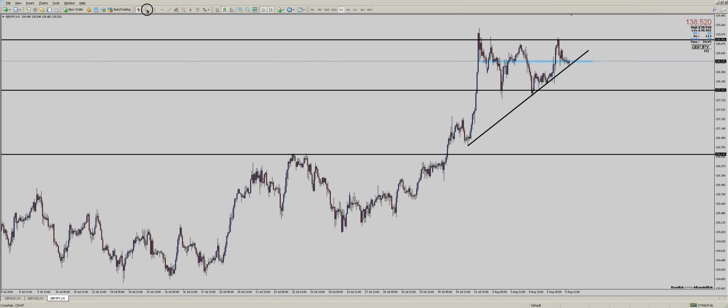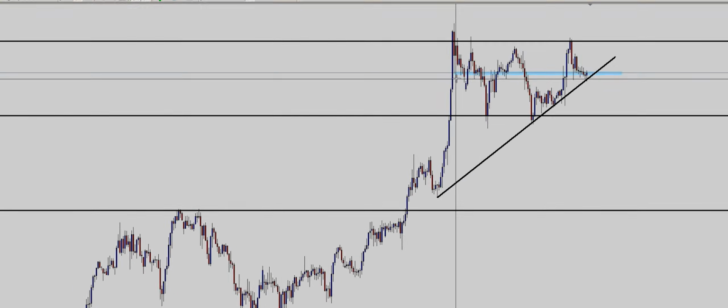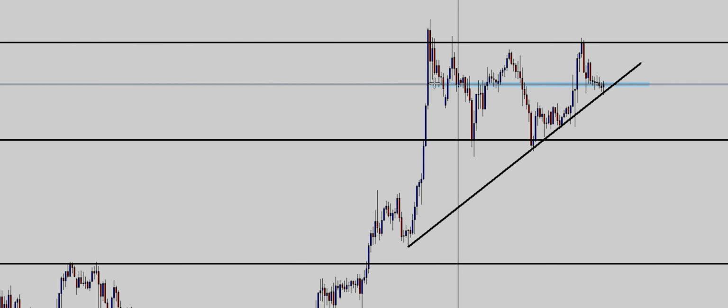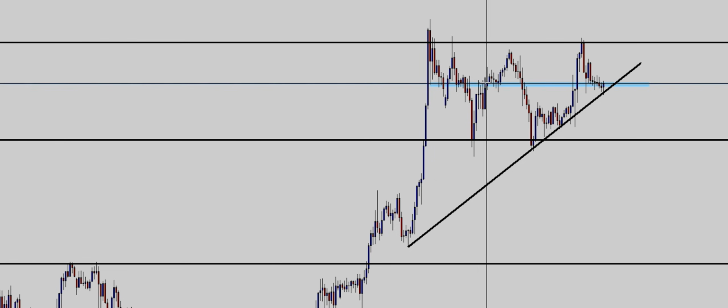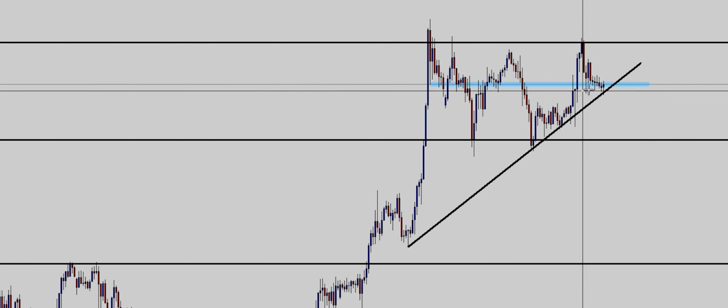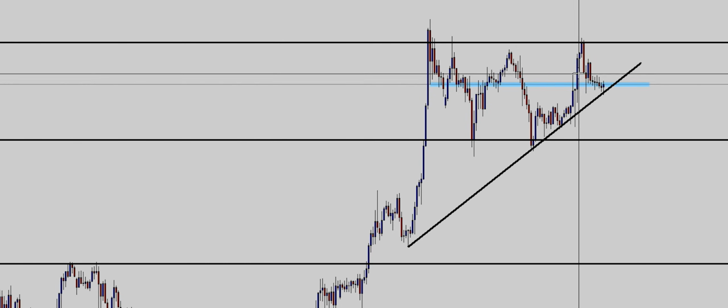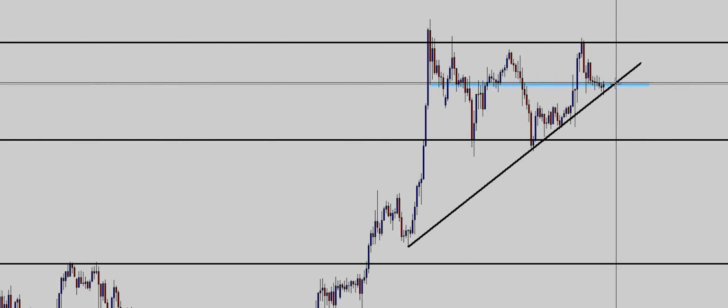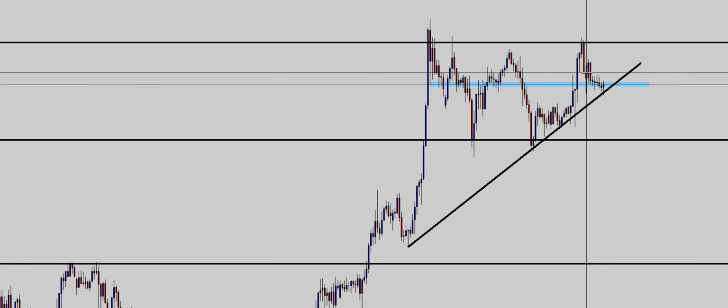The reason why I chose this level, the 138,520 level, is simply because of these bounces. Support bounce, rejection for resistance, support bounce, rejection, and it's currently struggling around this zone.